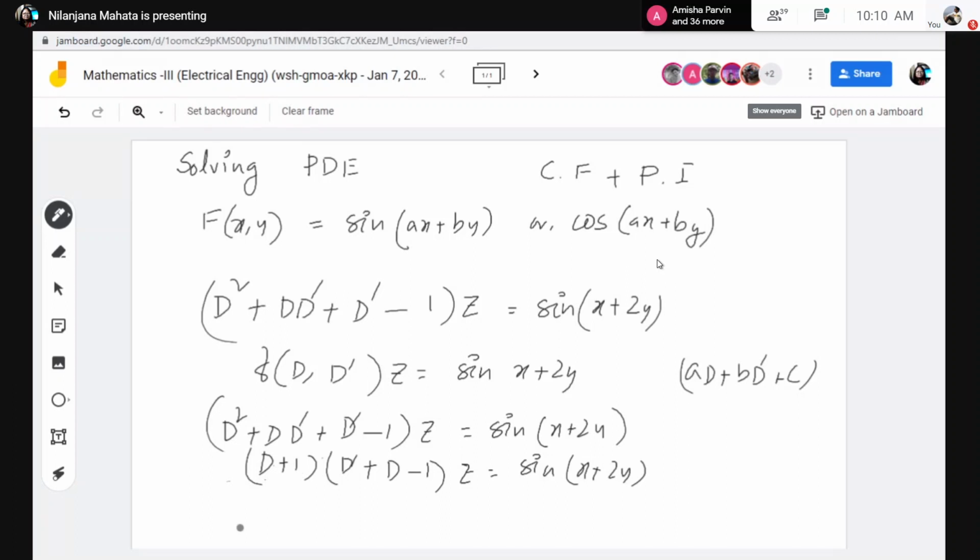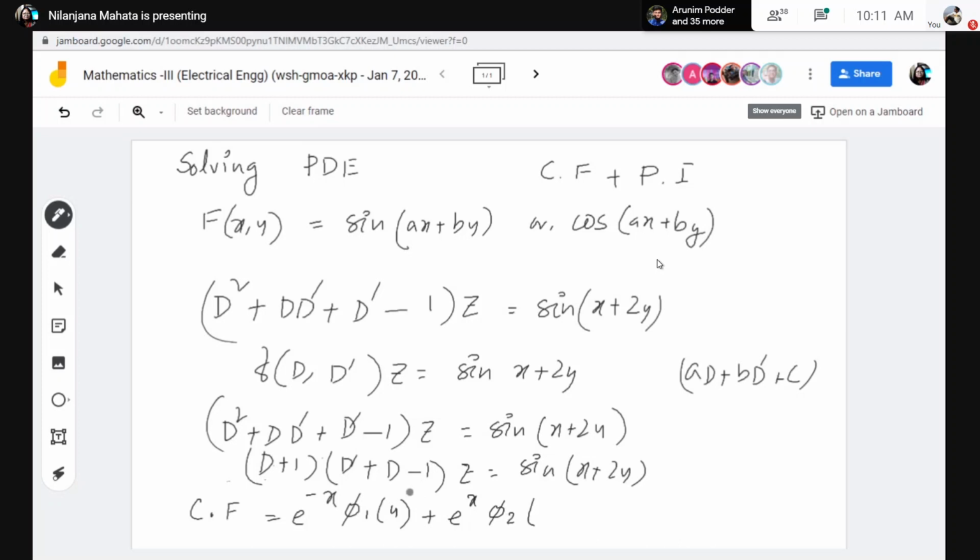So the CF will be e to the power minus 1 by 1, so this will be minus x, and for the other factor plus c by b, so e to the power x, phi 1, phi 2.